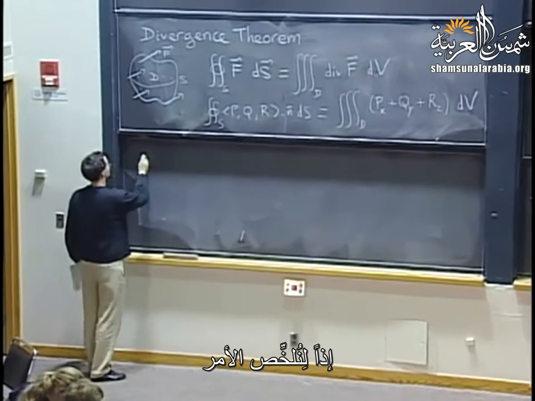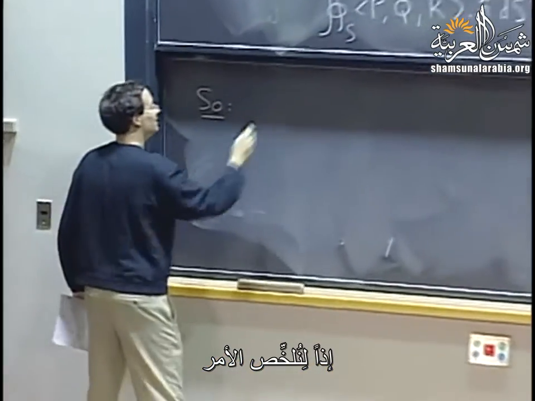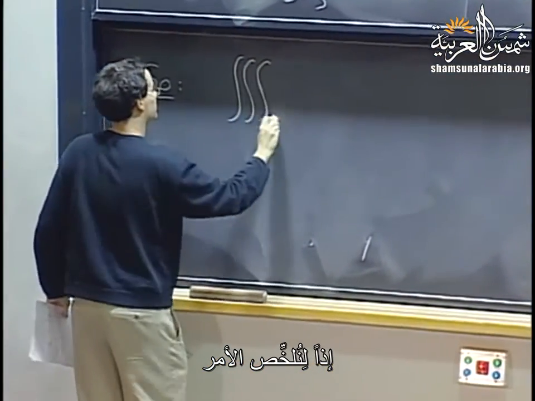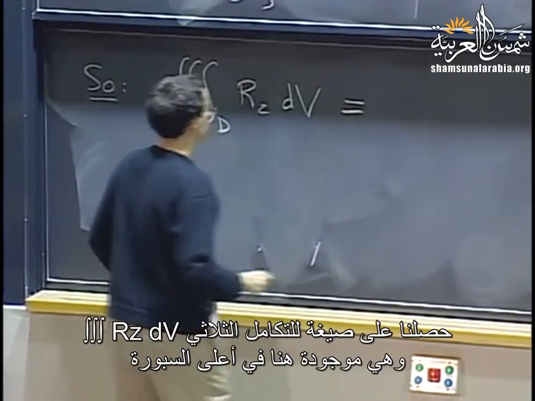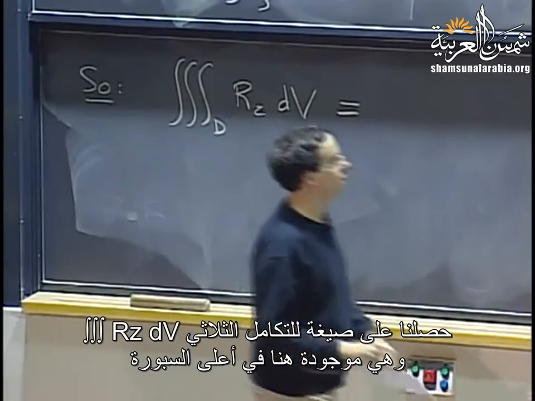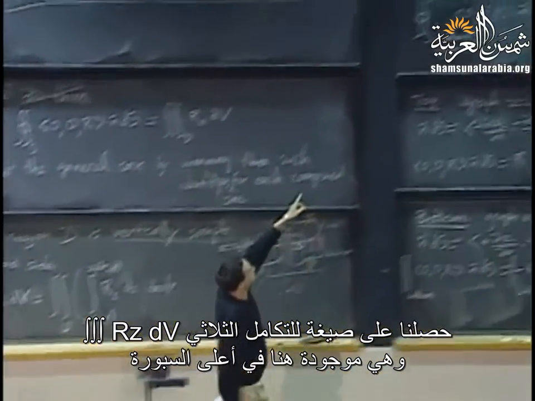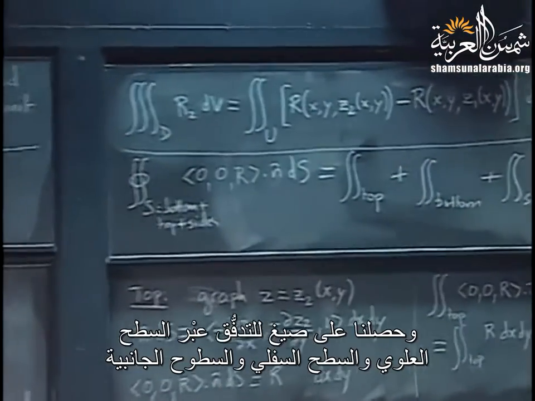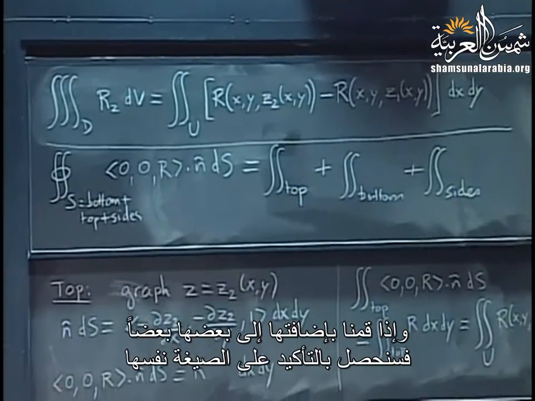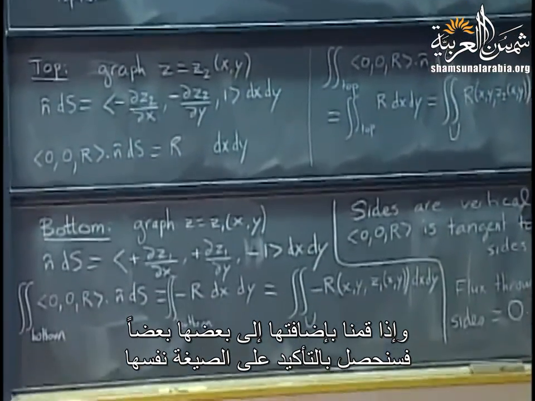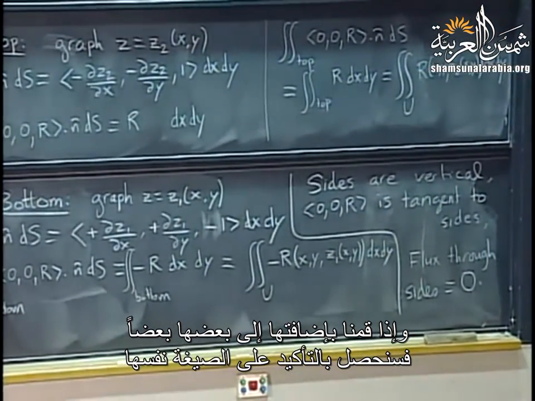So just to recap, we got a formula for the triple integral of r sub z dV. It's up there at the very top. And we got formulas for the flux through the top and the bottom and the sides. And when you add them together, you get indeed the same formula.